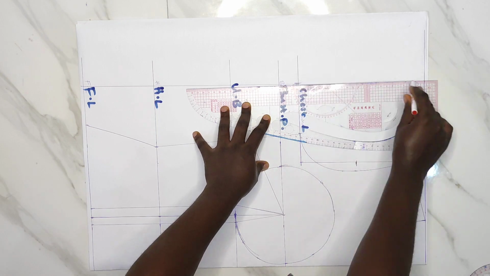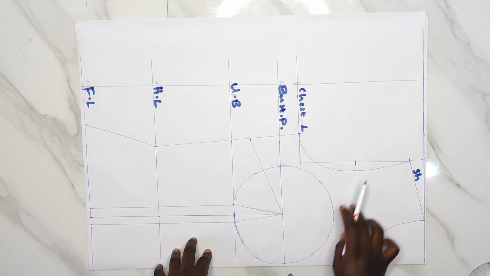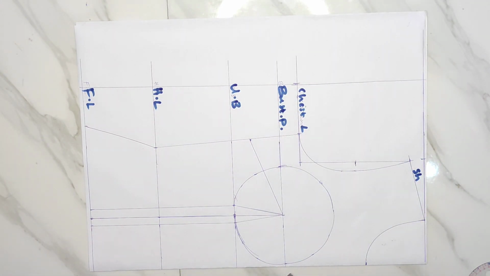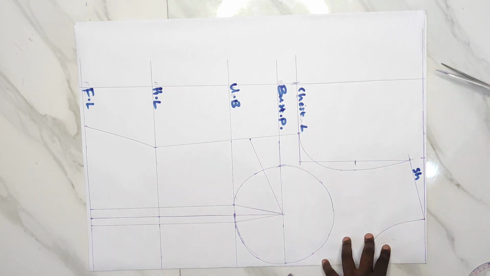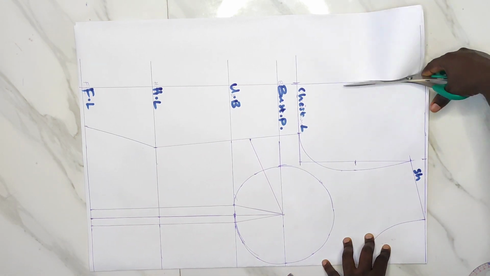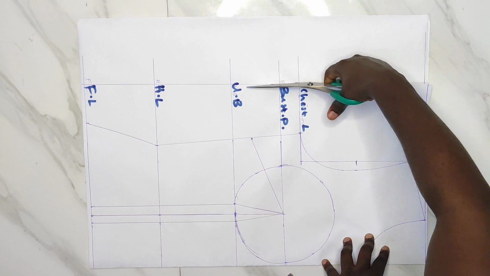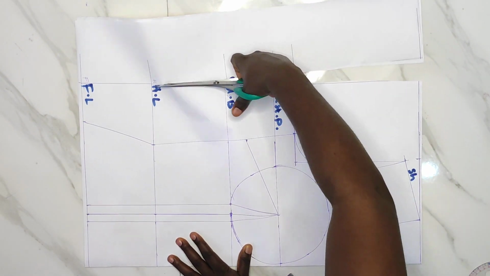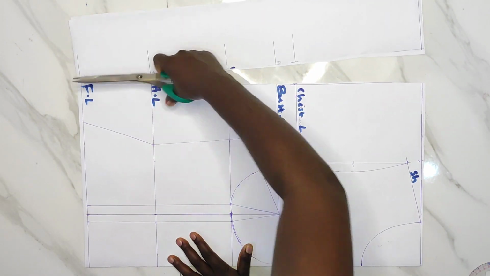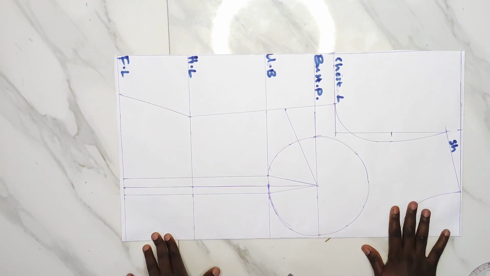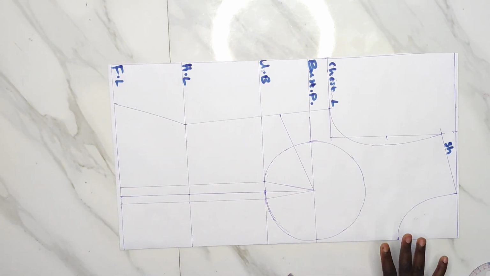And then after doing that, I'll just cut it out like so, because later on I can use the pattern to draft out any other stuff, and instead of adding extra pieces to get my sewing allowance, I'll get my sewing allowance from this piece. So I hope you understand what I mean. So this is how I cut out my pattern.